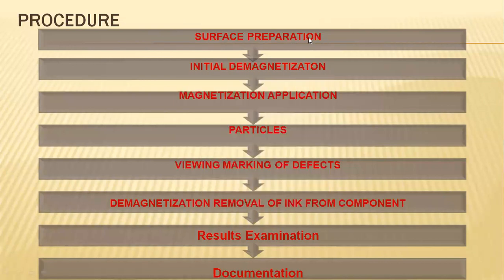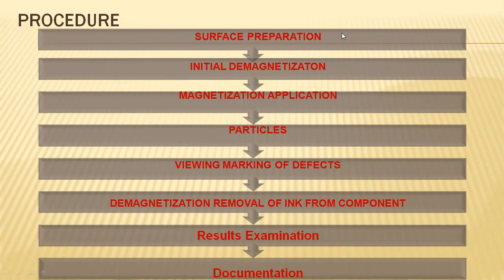First one, the surface preparation. As we discussed in the liquid penetrant test, there should be pre-cleaning, and post-cleaning is also required for some of the objects after completion of the entire process.